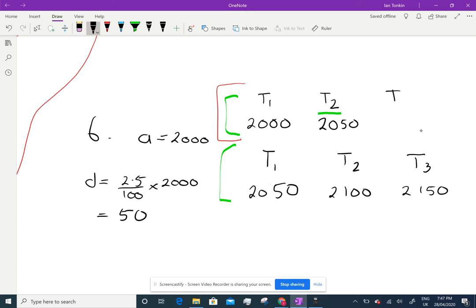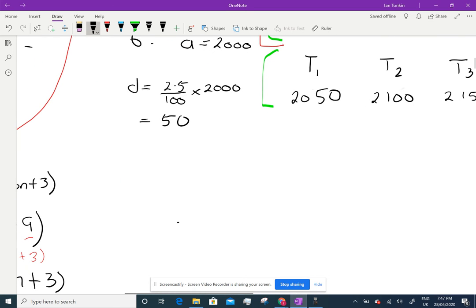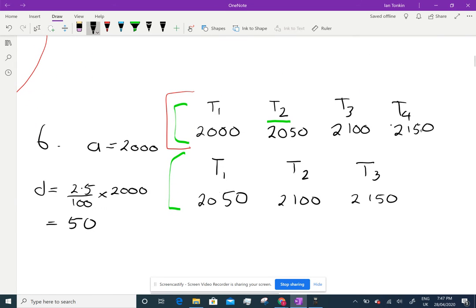You've just got to remember that your terms are n minus 1, which is how you write it anyway. Okay, so that's A, B, and C.